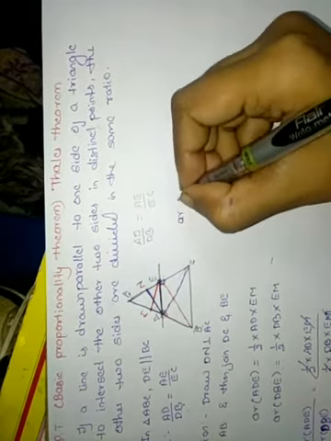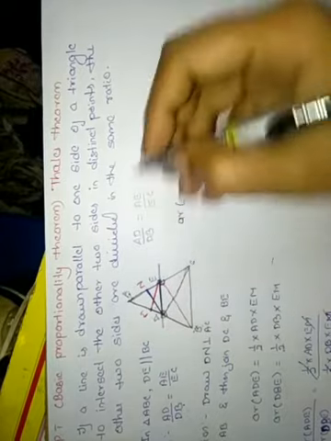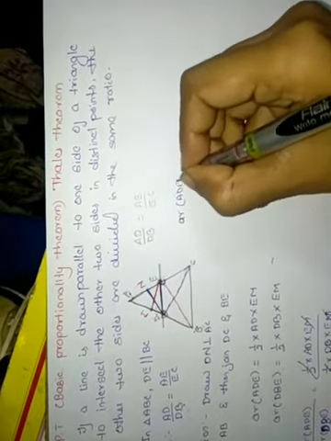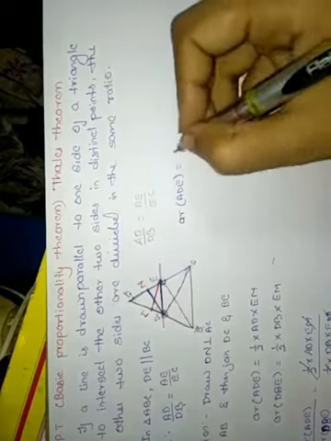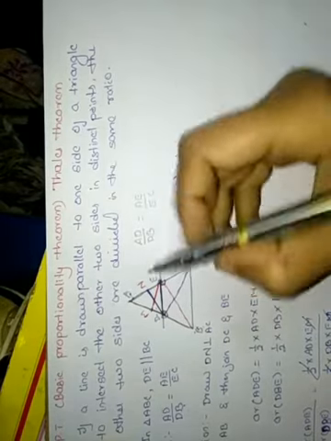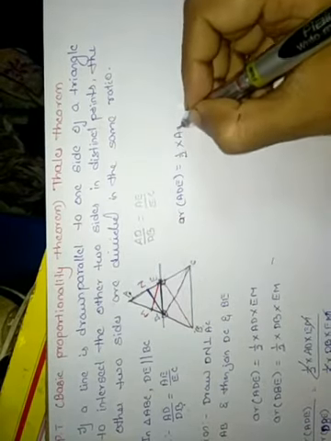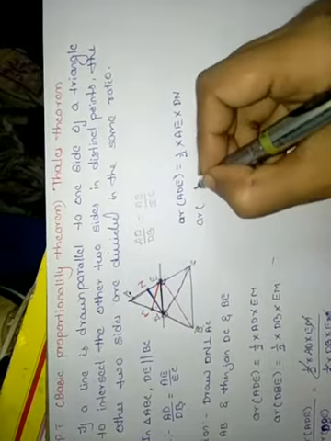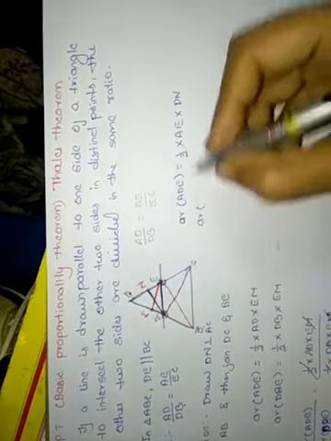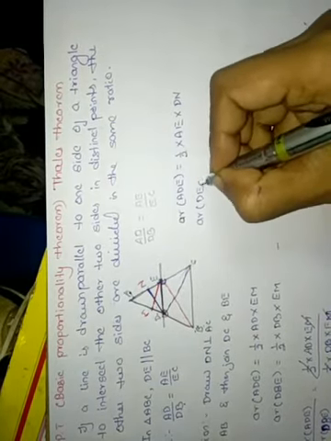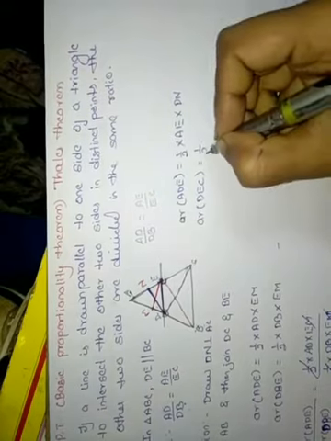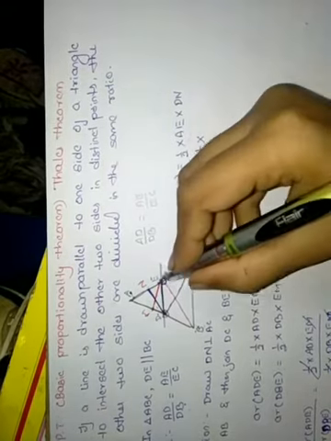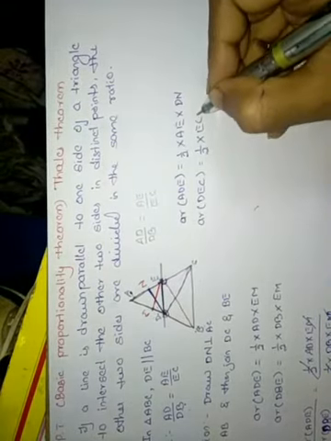So area of triangle ADE is equal to half into base AE into height DN. And area of triangle DEC is equal to half into base EC and height DN.